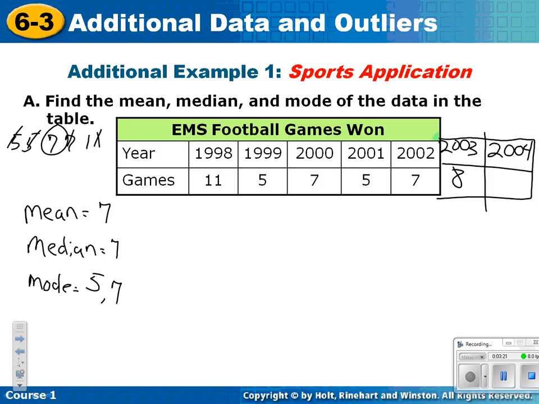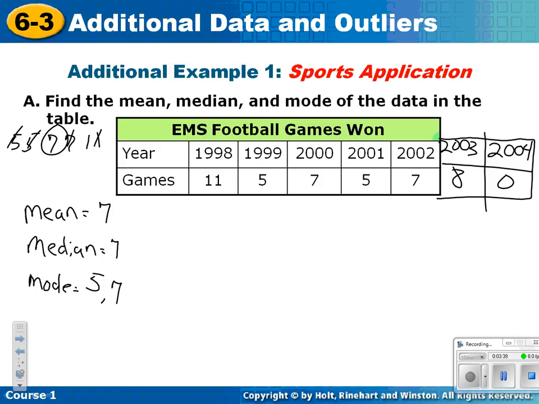They won 0 games. Bad year. Bad year for the football team.